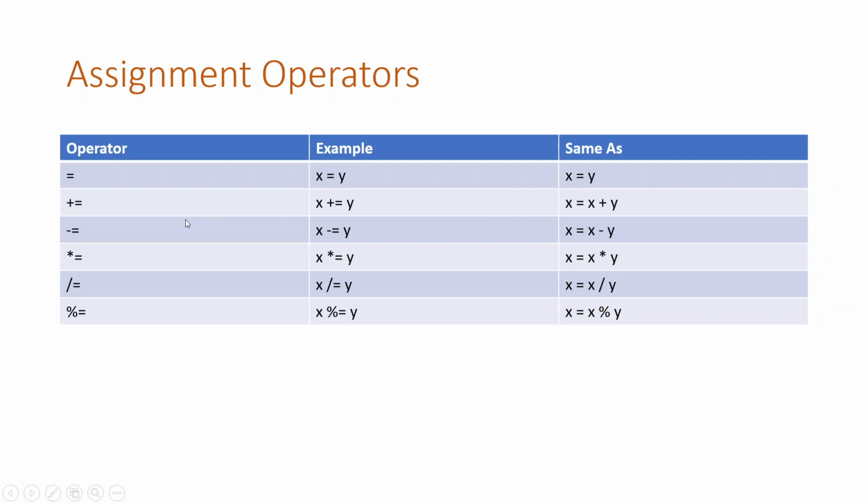In the same way, with equal to, if we add plus, minus, multiplication, division or modulus, instead of writing x equal to x into y, we can write it this way also: x plus equal to, x minus equal to, which will be the same as x plus y, x minus y, x into y. The same way we can store and write in JavaScript.